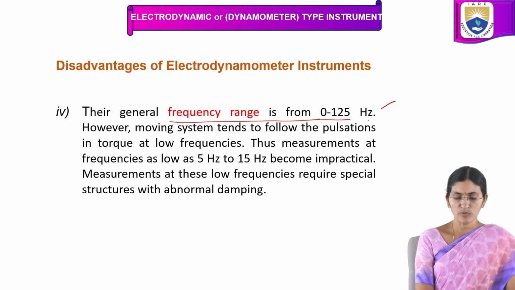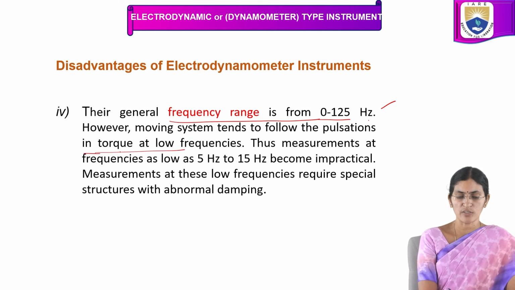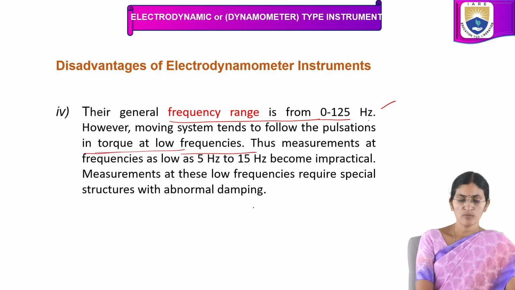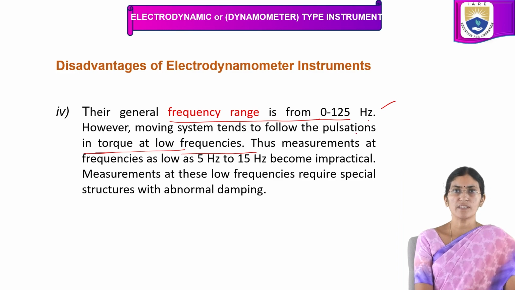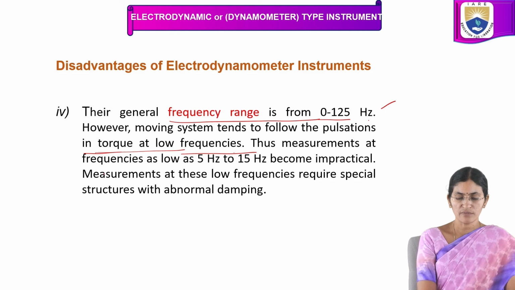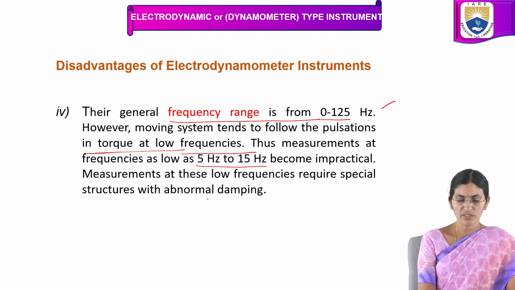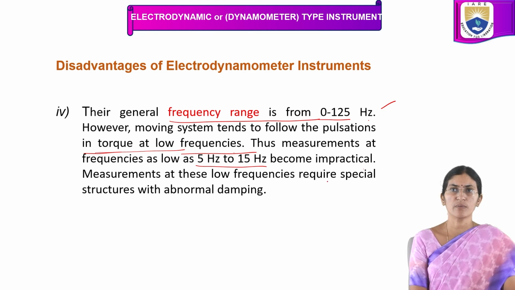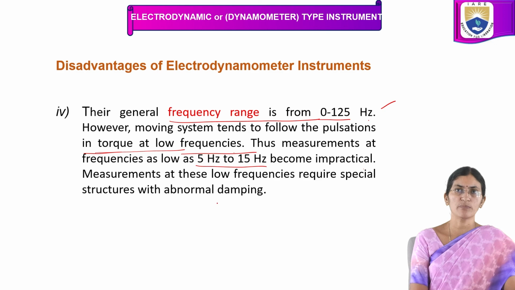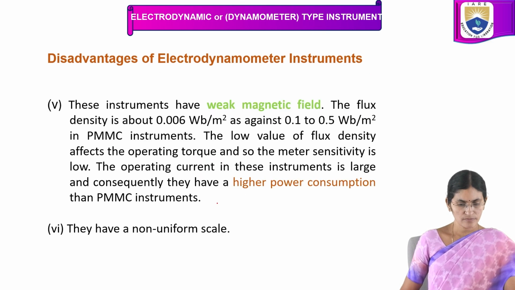After that, the moving system tends to follow the pulsations in the torque at low frequencies. Thus, measurements at frequencies as low as 5 to 15 Hz become impractical. Measurements at these low frequencies require special structures with abnormal damping.